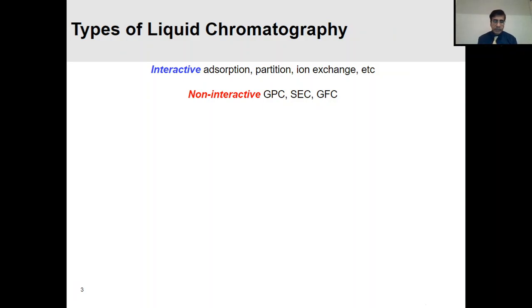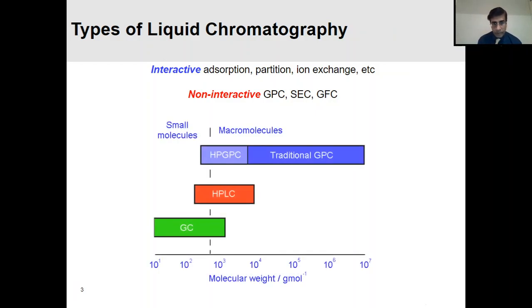Whereas in the non-interactive, we have the method of GPC, which is also called size exclusion chromatography and gel filtration chromatography. Non-interactive means that there should not be any kind of interaction, as I have discussed before.